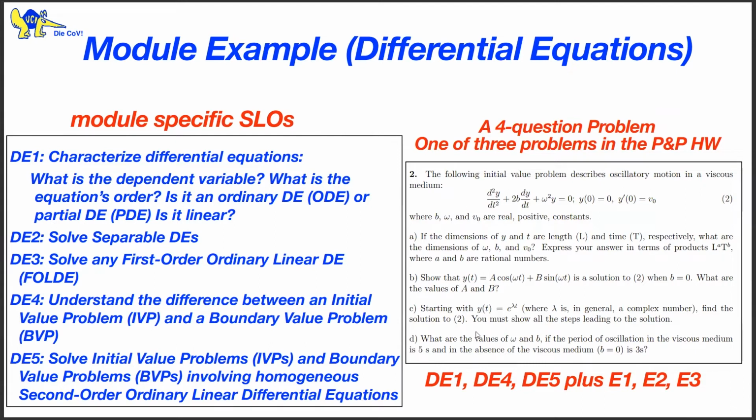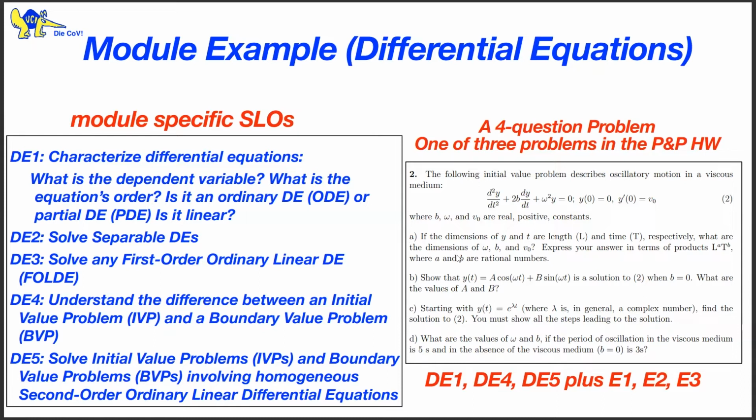This one has 4 parts, and it covers specific learning objectives from this list and from the essential ones. So we have the assignment, and the assignment has 3 problems that are multi-part.